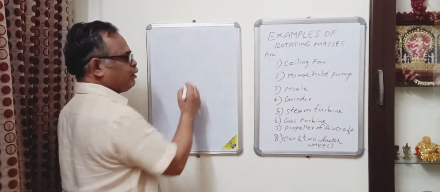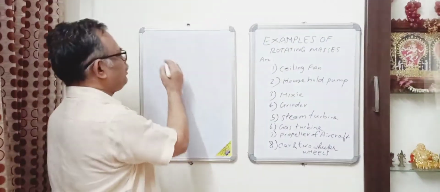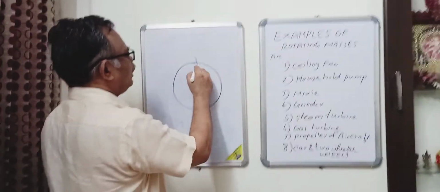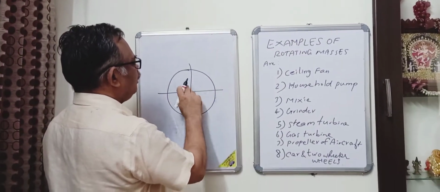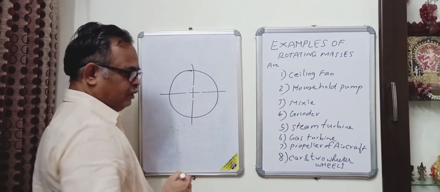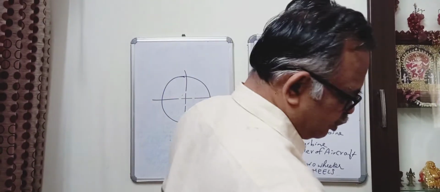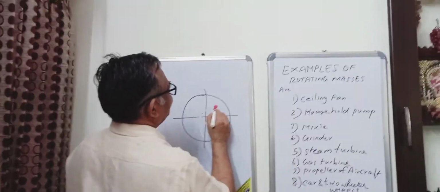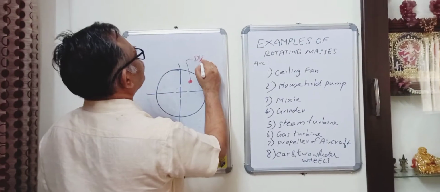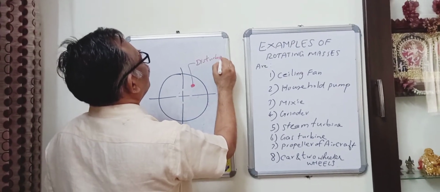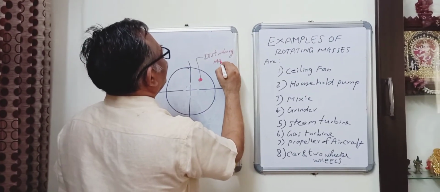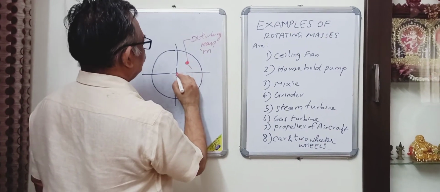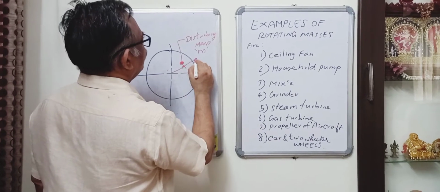Let us see some fundamentals of this disturbing mass now. Let us assume there is a rotor like this, as I told you, and there is a disturbing mass, as shown earlier, say m. This is your disturbing mass, and let us assume it is at a radius of r.